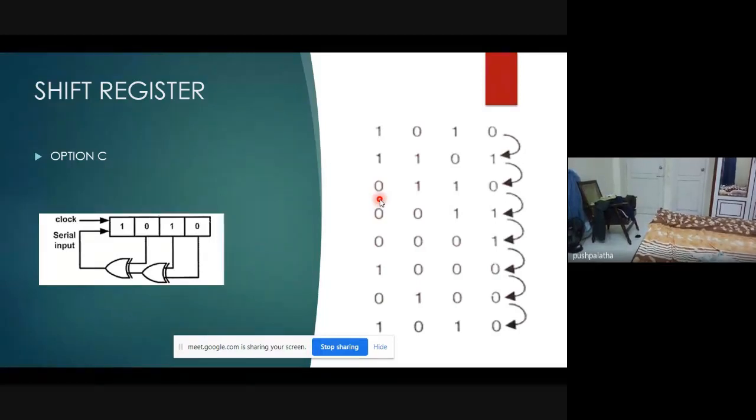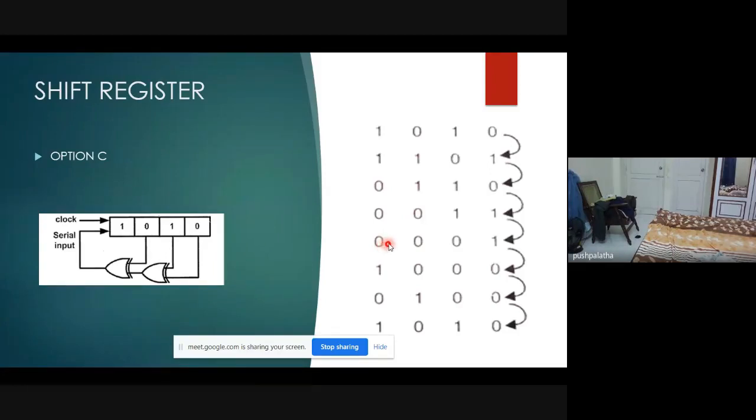Clear? Now again you shift all the bits. Again I am taking 1 and 1. When I take 1 and 1 it is going to be 0. Now 0 and 0 will give you again 0. The most significant bit will be 0.